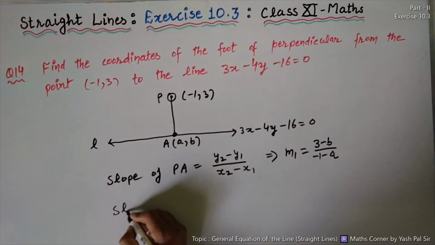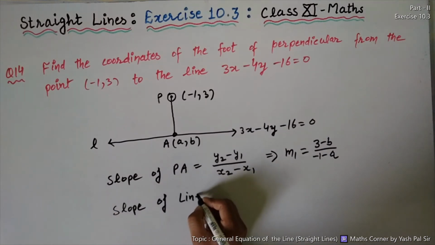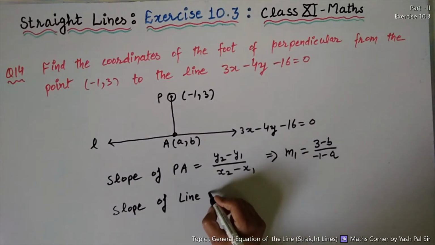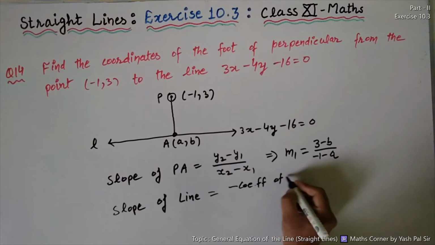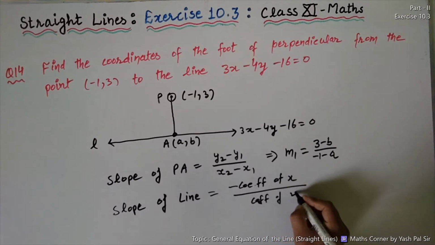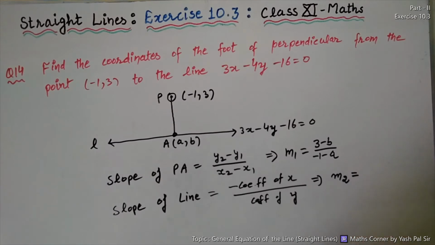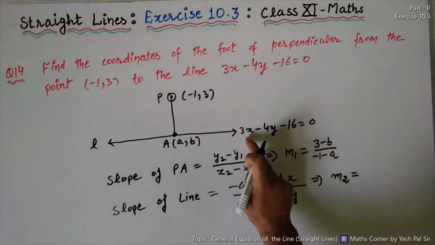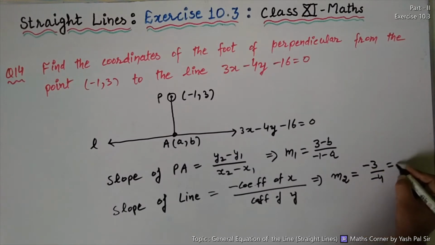Likewise the slope of the line which is given here is equal to minus coefficient of x divided by coefficient of y, which we name m2, equal to minus 3 upon minus 4, which is equal to 3 upon 4.